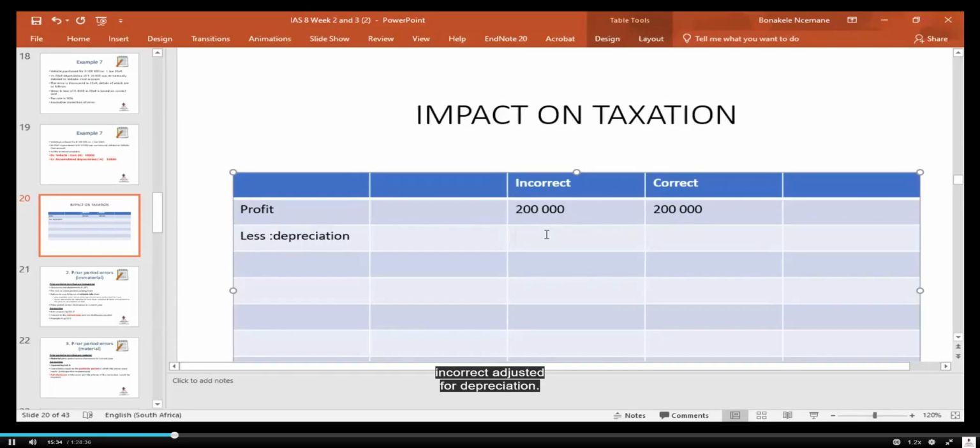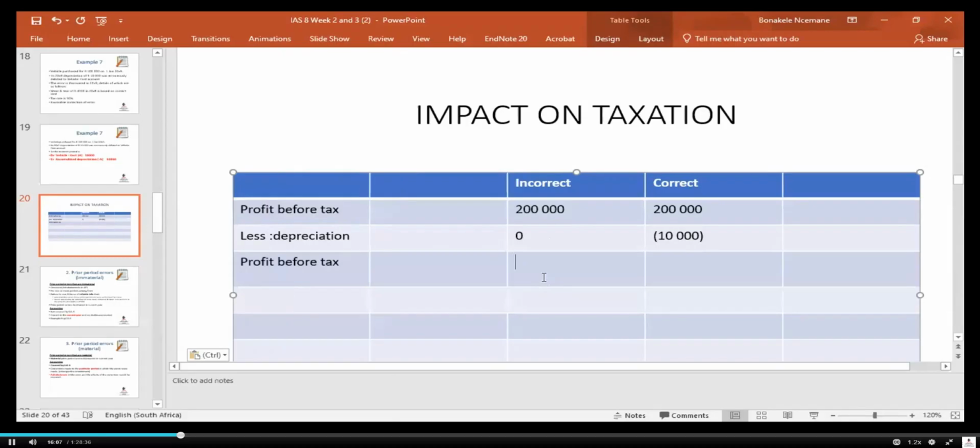So under the incorrect column, the depreciation is 0, but under the correct column, which is what should have been done, we would have deducted 10,000 for depreciation. And therefore, the profit before tax would have been 190,000.